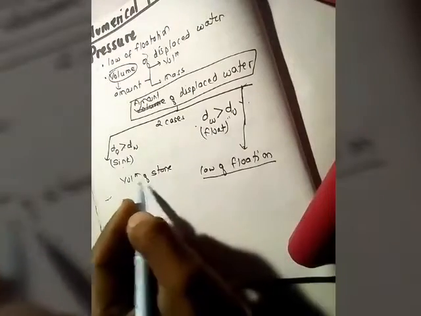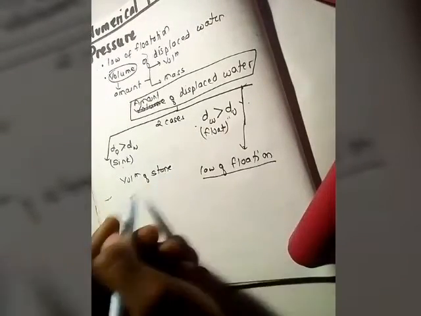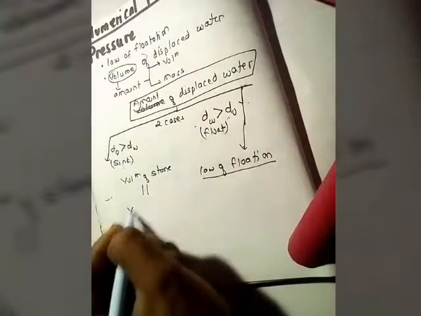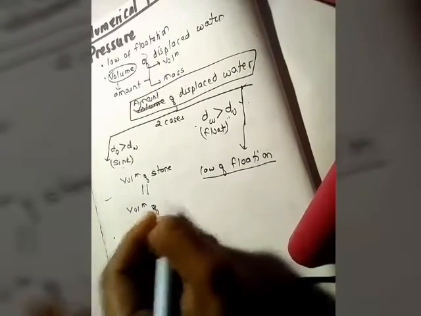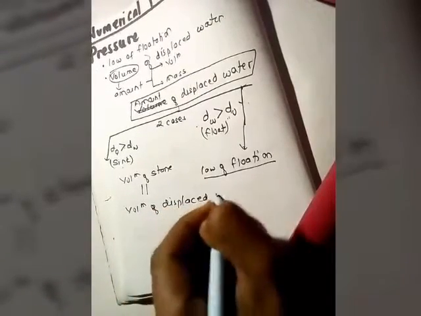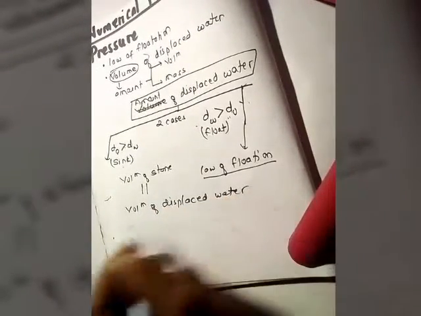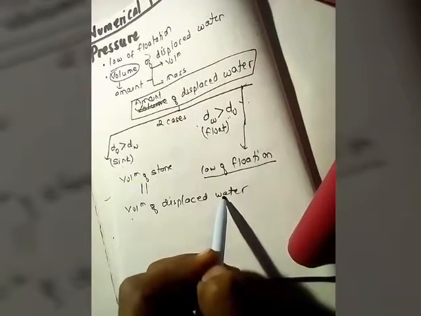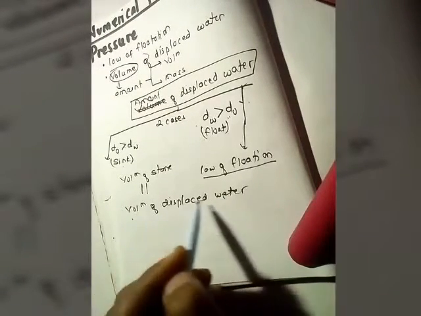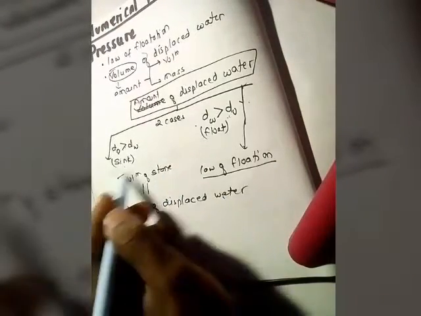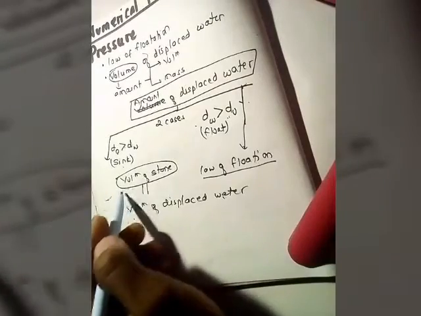The volume of the stone or irregular object will be equal to the volume of water displaced. So we have the concept that the volume of displaced water, which will be asked to find, will be equal to the volume of stone. That means first we have to find the volume of stone.